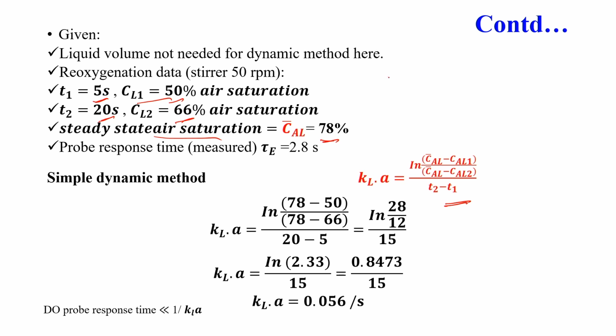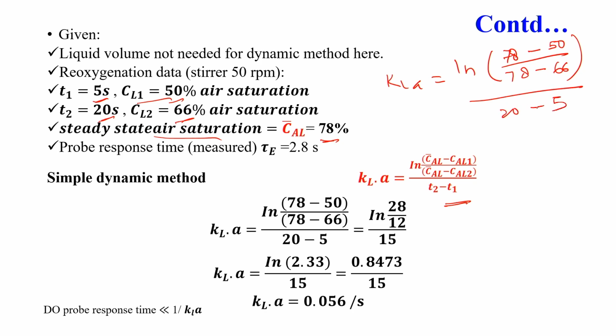Now, we can directly use the formula: KLa equals ln of (C bar 78 minus Cl1 50) divided by (C bar 78 minus Cl2 66), divided by T2 minus T1. T2 is 20, T1 is 5.